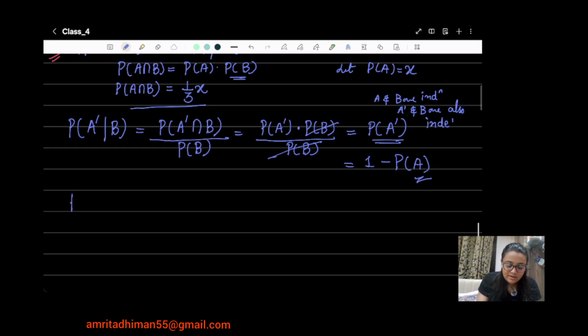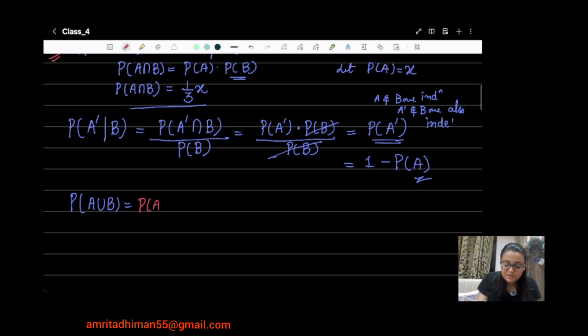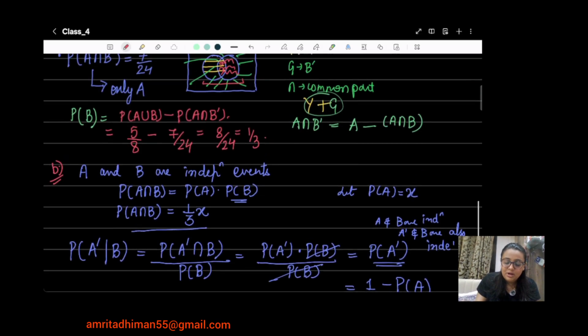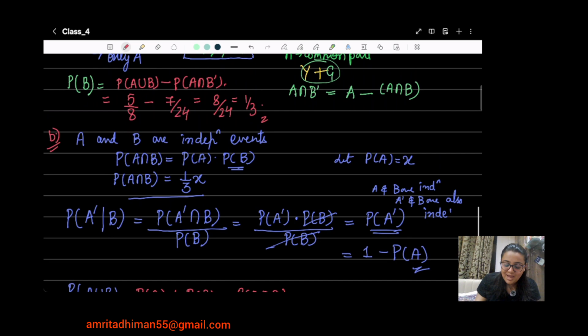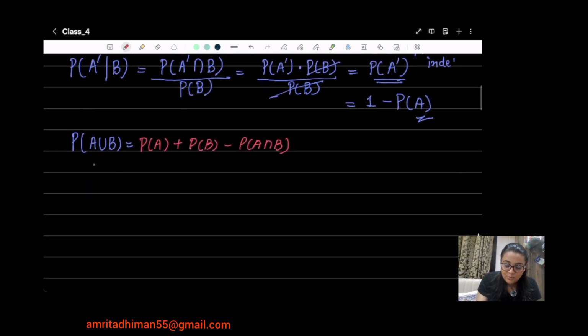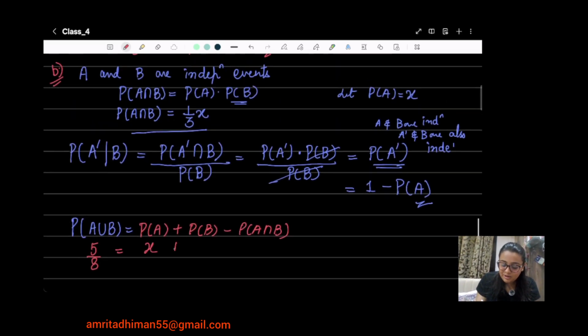We have one more thing, that probability of A union B is equal to probability of A plus probability of B minus probability of A intersection B. So probability of A union B we have 5 by 8, probability of A we let as X, probability of B is 1 by 3, and A intersection B is X by 3, right?